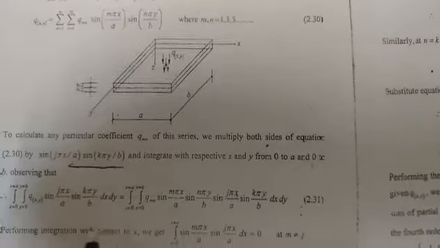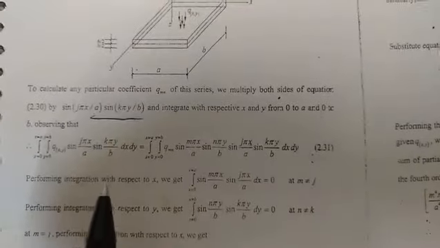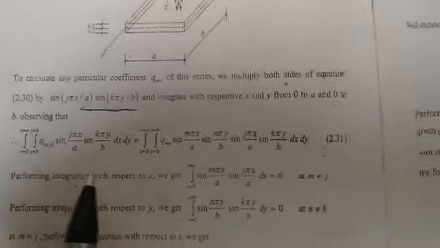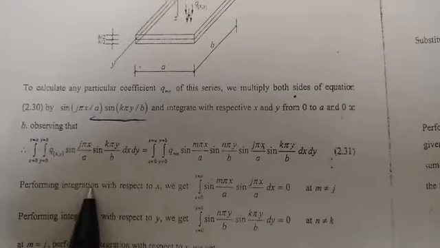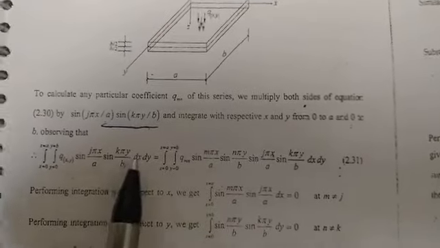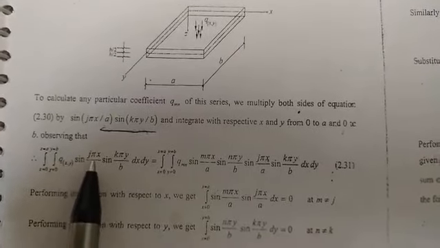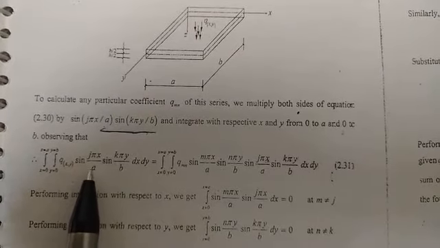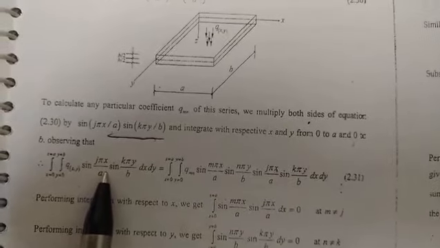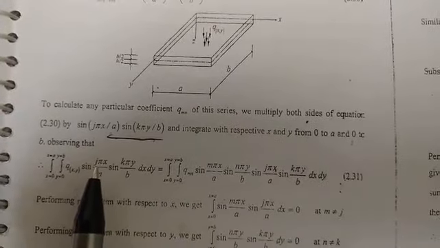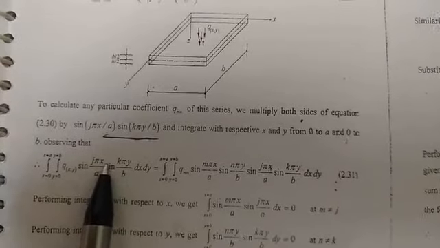So this equation has become like this. Now if you know the basic rules of integration, then you can readily perform these integrations. So performing integration with respect to x, we take into consideration only the terms containing the variable x. All other terms are treated like constants.